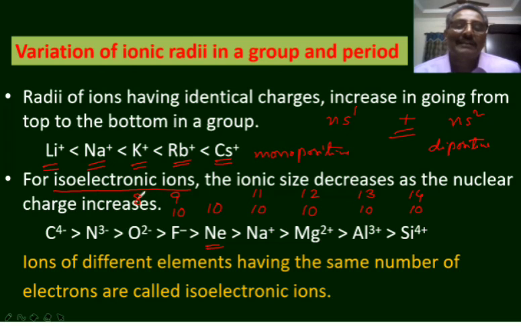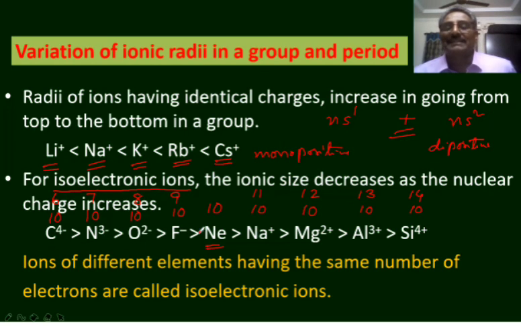Oxygen has 8 electrons. It gains 2 electrons and becomes the oxide ion and possesses 10 electrons. 7 electrons are present in the nitrogen atom. In the nitride ion, 3 electrons are gained, so 10 electrons are present. In carbon, there are 6 electrons, whereas in the formation of C4-, 4 electrons are gained, giving 10 electrons.